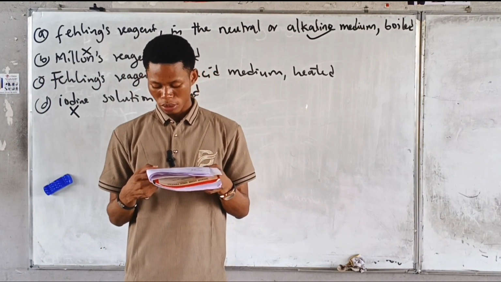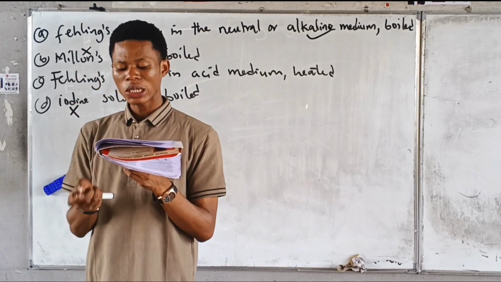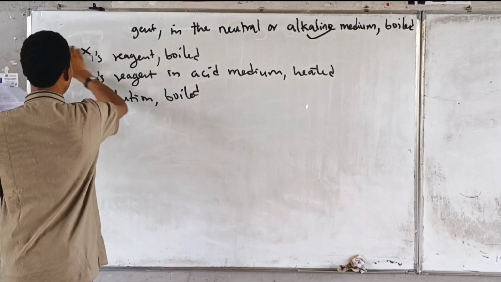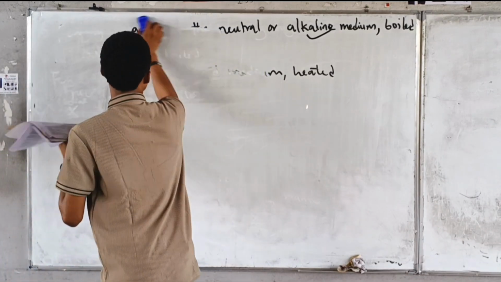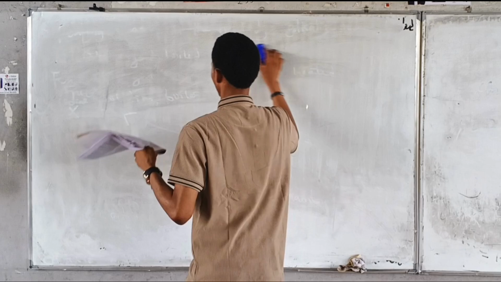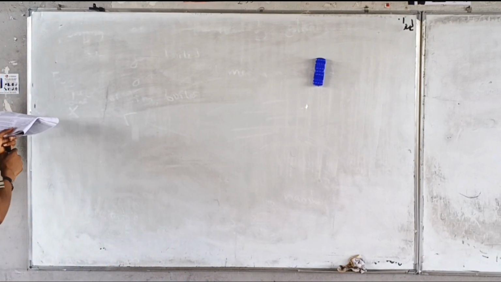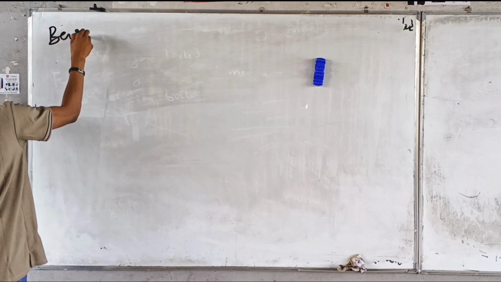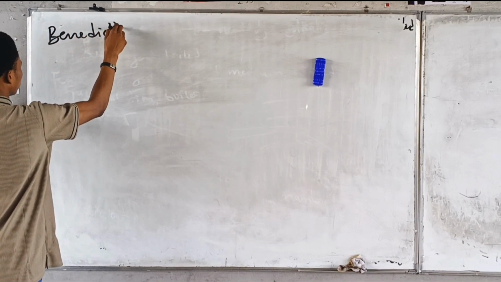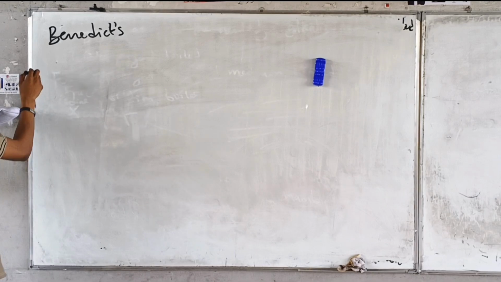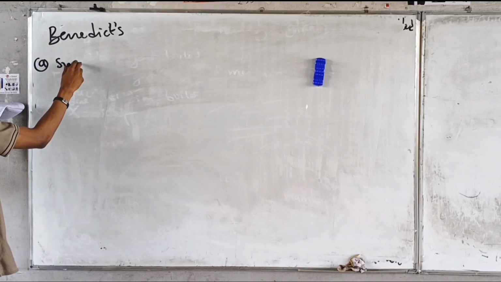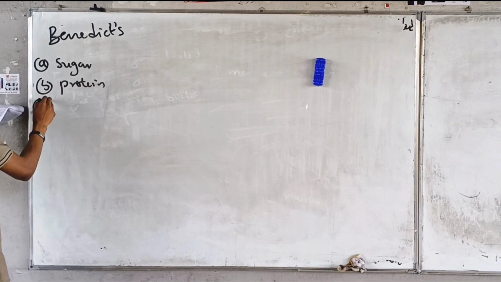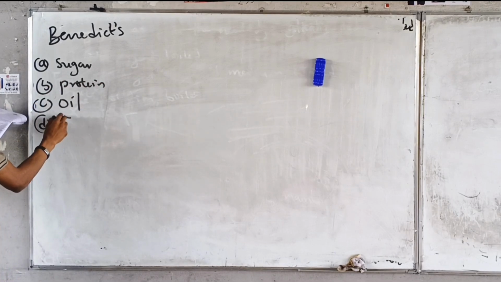Next question. This one, listen attentively. If Benedict's solution gives a positive result in a food test, the food contains A, sugar, B, protein, C, oil, D, fat.